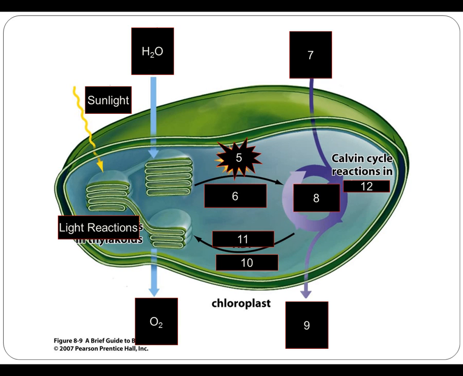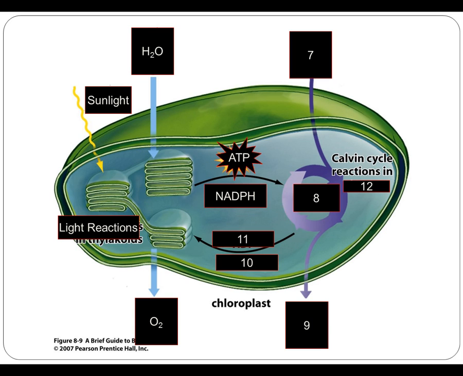We care about that a whole heck of a lot because that's what we use. But the plant cares not so much about the oxygen production as the what? Step 5, ATP, and step 6, NADPH, which are going to drive the Calvin cycle.